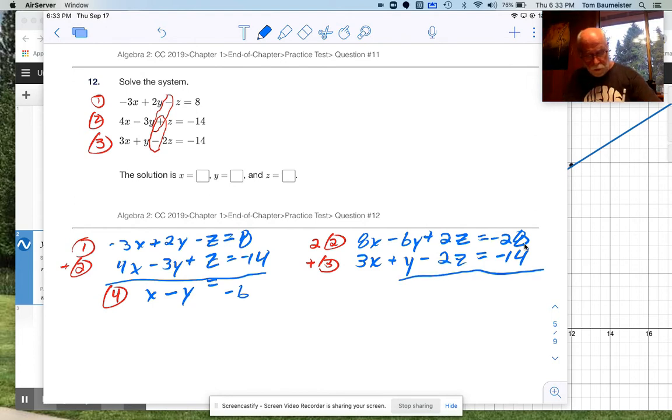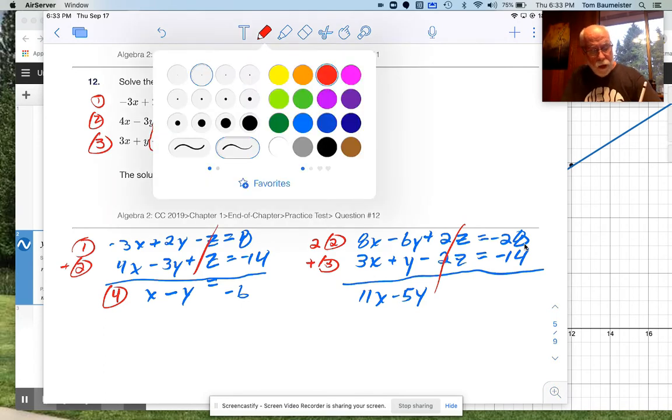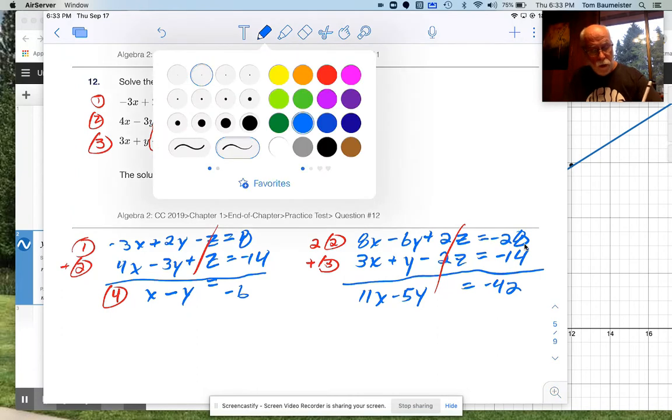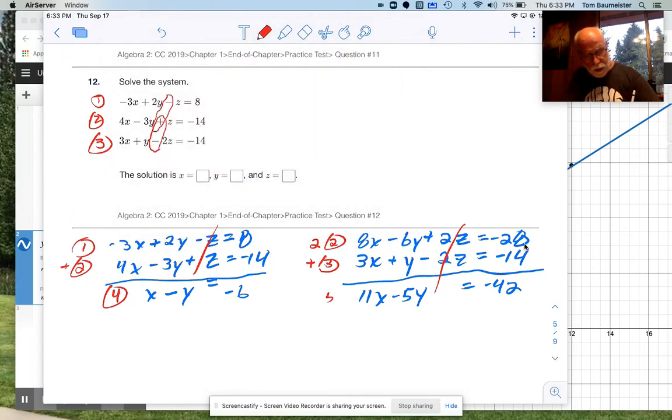And again, I told you I'm going to add those, so I'll get 11x minus 5y. Again, the z's are going to go away. I forgot to cross them out here for you too. And then that is going to equal negative 42. And that is my new equation 5.